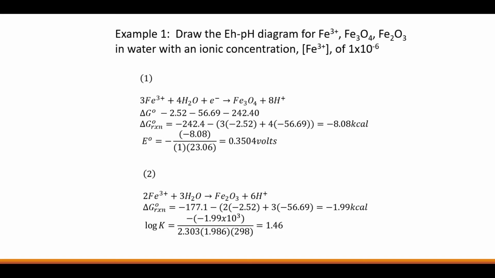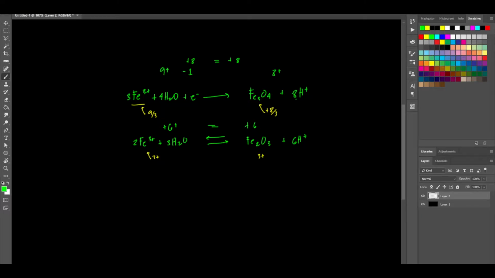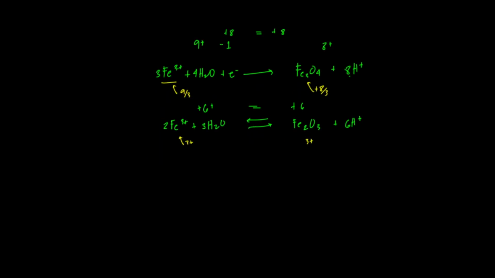So the way we do that is to use the formula given earlier, no? And I can show you here. So we have your E naught is equal to negative of delta G naught over n, which n here is the number of electrons involved, multiplied by Faraday's constant.